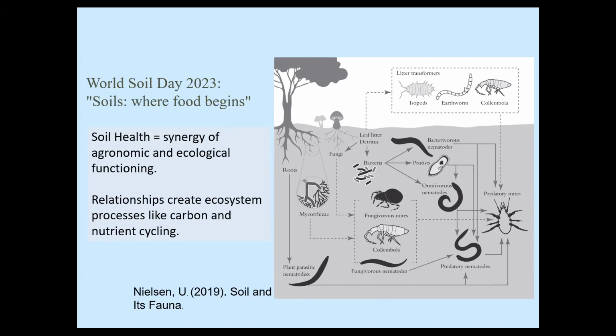On the surface, leaves might fall, or your inputs of other crop residues might fall, and they would be transformed and shredded by these little critters on the top right, your isopods or roly-polies, earthworms, and collembolans. They break down the leaf litter into forms that the bacteria and fungi can further digest, and that fuels this whole other soil food web of nematodes eating the bacteria, other nematodes eating the fungi, protists eating the bacteria, other nematodes eating those nematodes, and this cycle goes on and on.